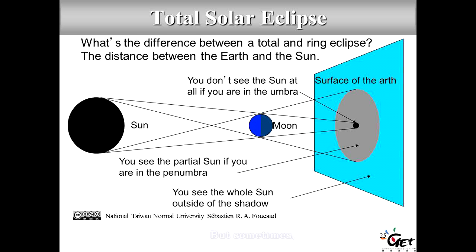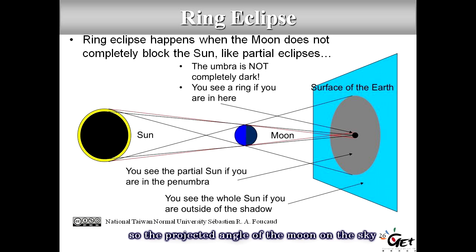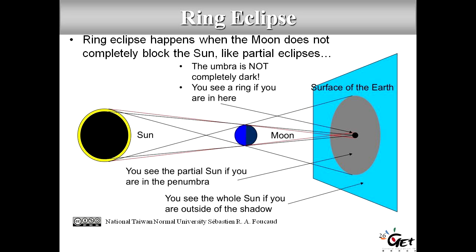But sometimes, because the distance is a bit different, the projected angle of the moon on the sky is slightly smaller than the one of the sun. You have a ring eclipse.